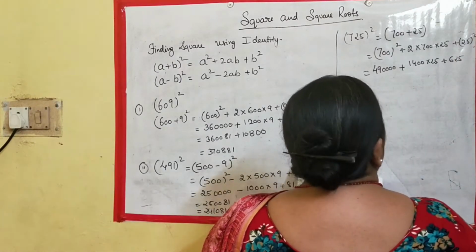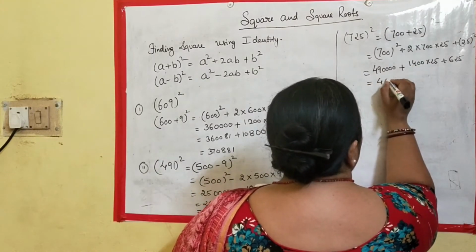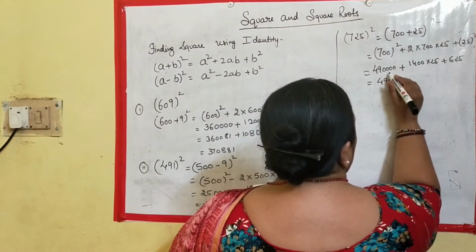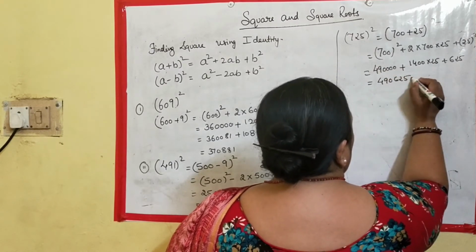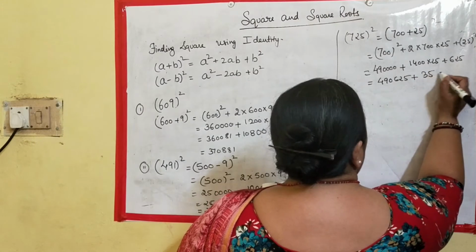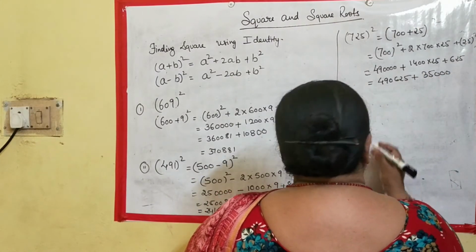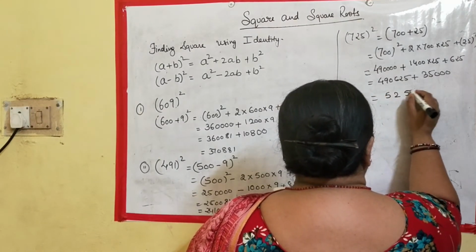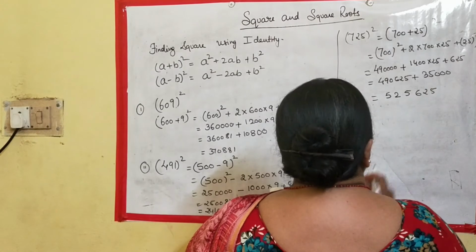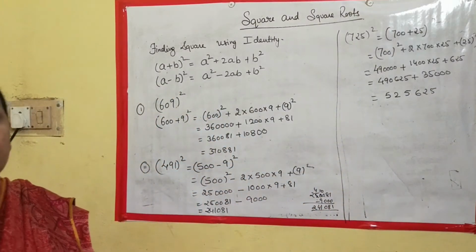Now when you are writing it as 625, all is going to be the same. We have 625, plus this will become 35,000, and when we are adding it, the answer will be 525,625. Clear? So we have this solution also done, third one.